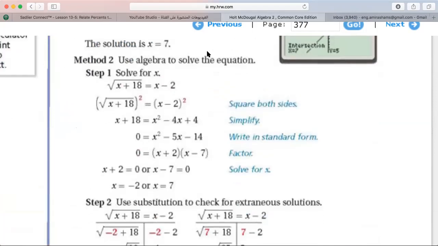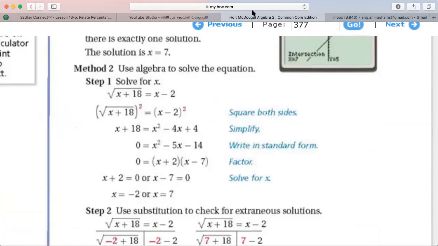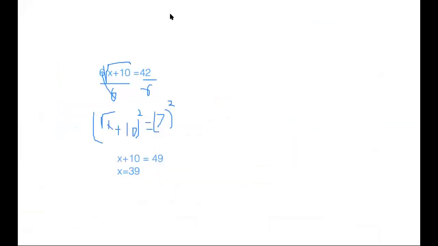Let me open here the whiteboard. I hope this time I can write it fast and clear. Okay, it is 8x plus 6 is equal to 3.